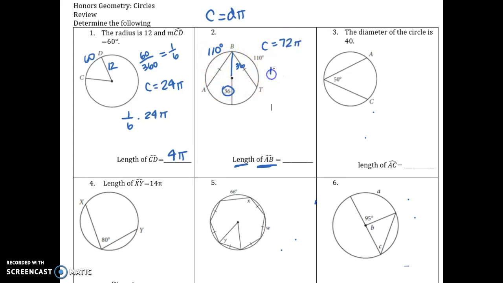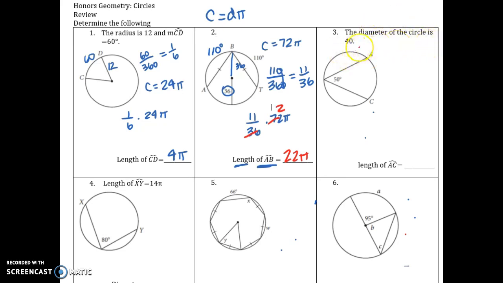For my fraction of the circle, I want 110 out of 360, which is 11 out of 36. So 11 out of 36 times 72 pi gives me, remember you can always do your canceling here, 22 pi.